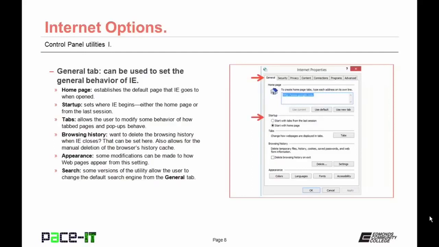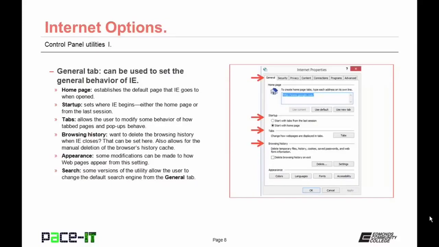From the startup setting, you get to decide where Internet Explorer begins, either from the home page or from the last session. The Tabs section allows the user to modify some behavior of how tab pages and pop-ups behave. The section on browsing history allows some control over cookies and history.